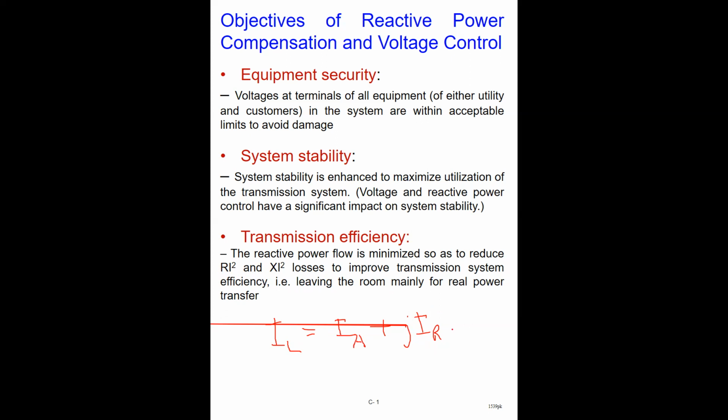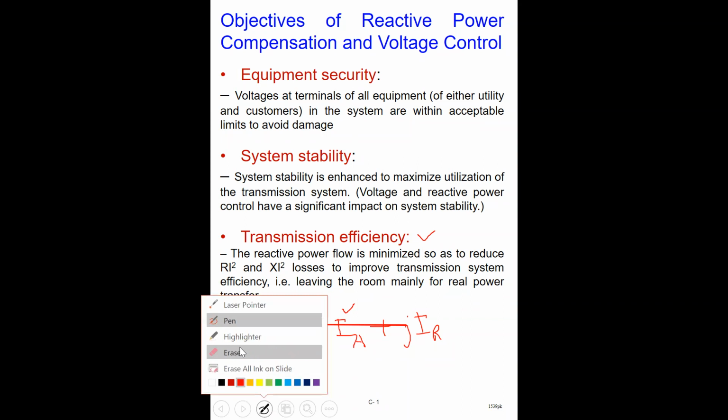Because the power factor is lagging, the reactive current can be maintained at a minimum, and thus you can have more real power flow through the line. That means you can have higher efficiency of your transmission network.